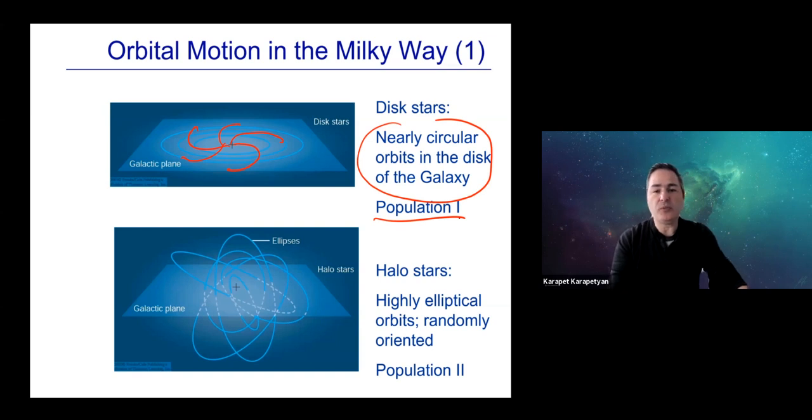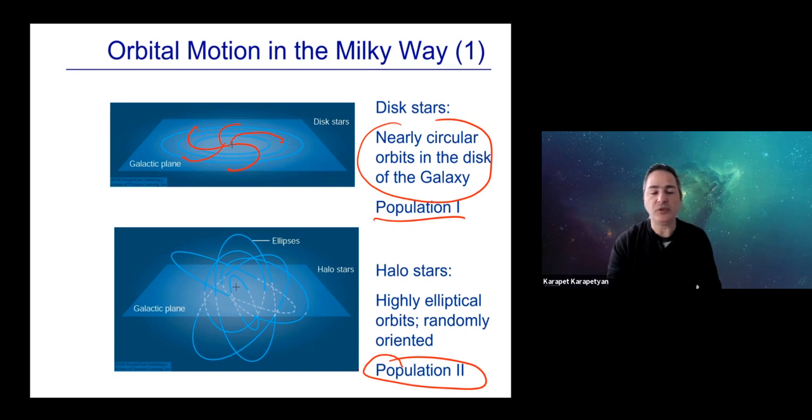Population 1 stars are the young stars that formed within maybe the last billion years or so, and we can recognize them mostly because they have more metals in their composition than population 2 stars, which are much older, anywhere from 2 to 10 billion years old, and have very little heavy metals in their composition. Most of those are in the halo of our Milky Way galaxy.